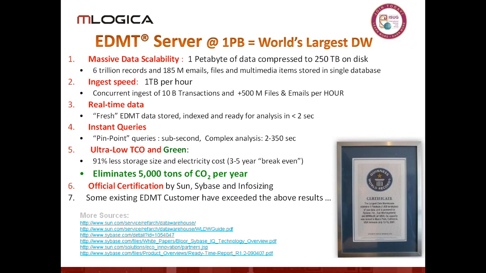It got compressed to 250 terabytes of disks, meaning we had actually just 200 terabytes of data in IQ. The speed was over a terabyte per hour, 10 billion transactions per hour, and over 500 million files and emails per hour.